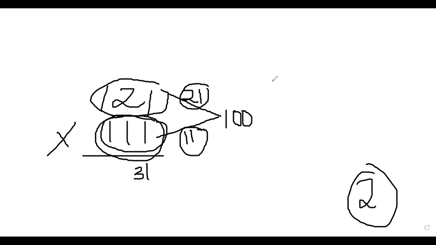As an example, 121 plus 11 will be 132. Similarly, 111 plus 21 will become 132 as well, right? So all these answers are the same. So that will be the answer, 132.